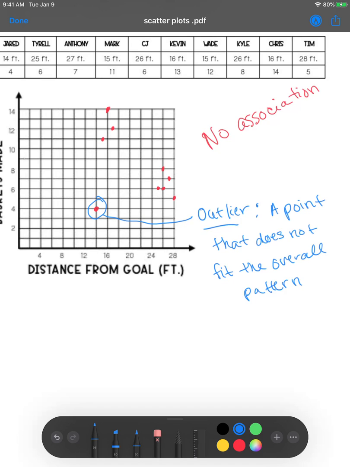So it's kind of away from all the other data points. It's by itself. And then these parts right here, they're all kind of bunched together. This is called a cluster.